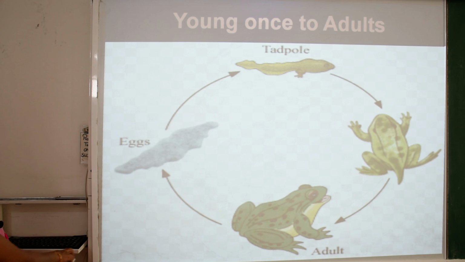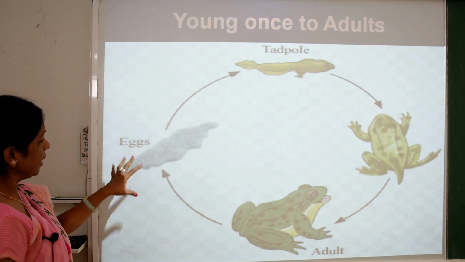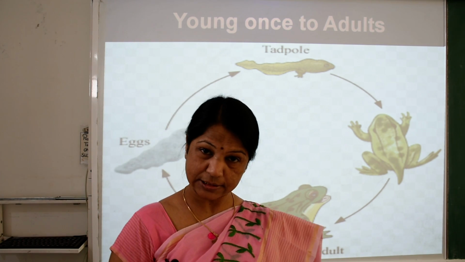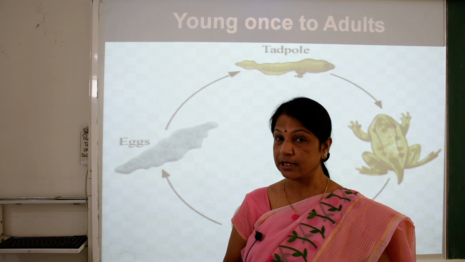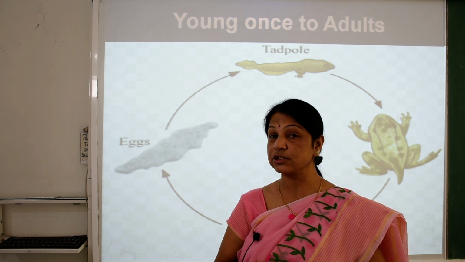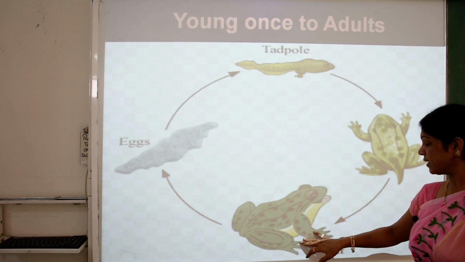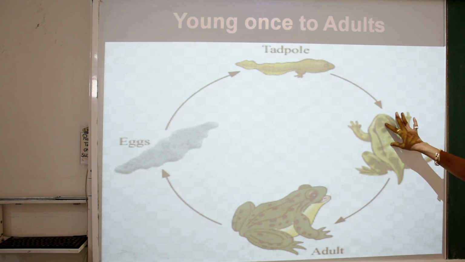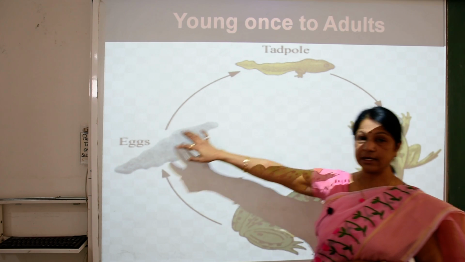Now further we see the young ones to the adults. It is the process of metamorphosis. Why is it called metamorphosis? Because once we see here the adult, then it turns, changes, and this is the tadpole, and this is the eggs.